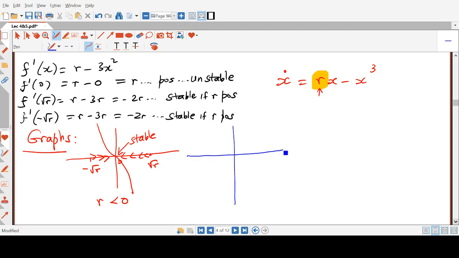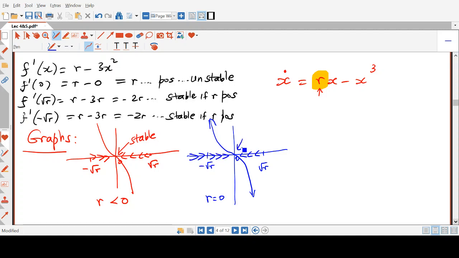If things are not adding up in your head, please let me know. Minus root r, 0, and root r. This time we'll take r equal to 0. Again, we found that the shape was the same. Okay. This branch here is negative, so we can put arrows like that. This branch is positive, put arrows like that, all over.